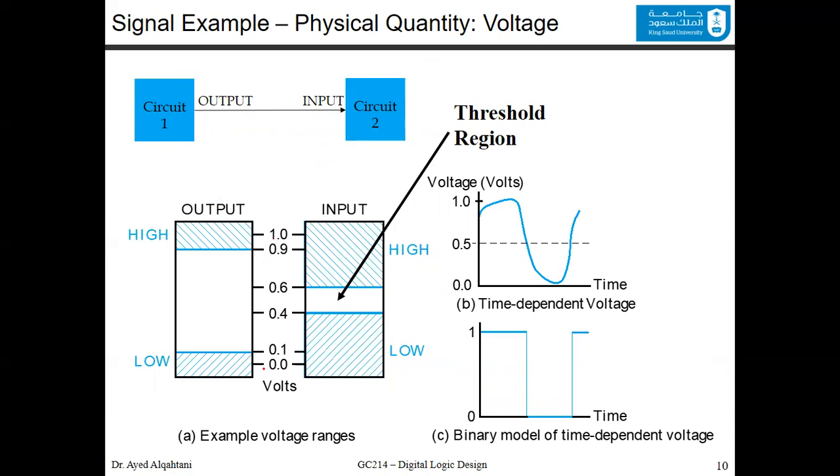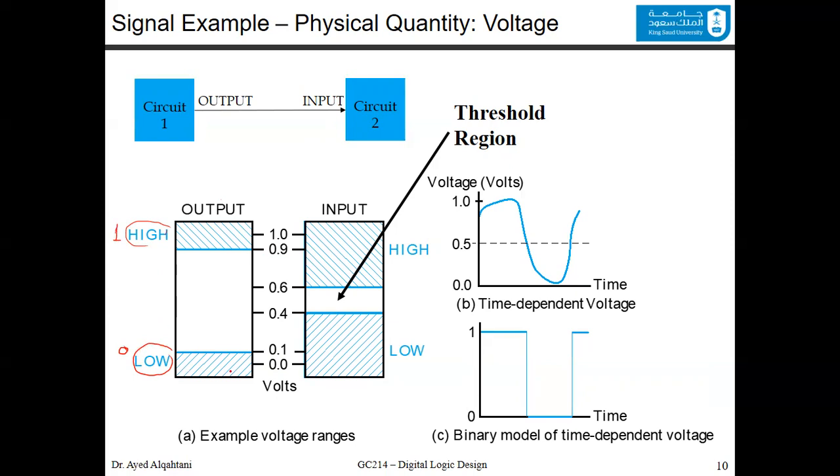We will assume that from 0.0 to 0.1, we call it a low digit, and from 0.9 to 1, we call it a high digit. So we have low and high, or logic 0 and logic 1.